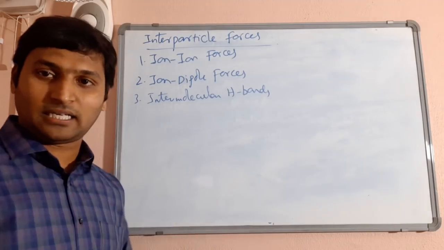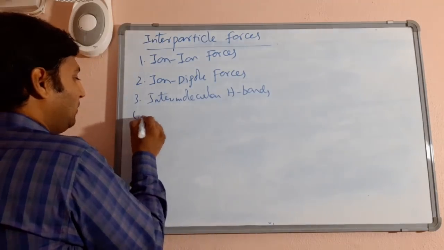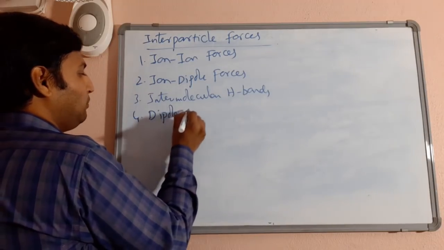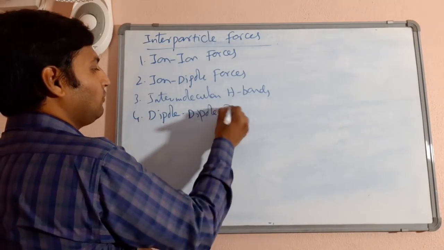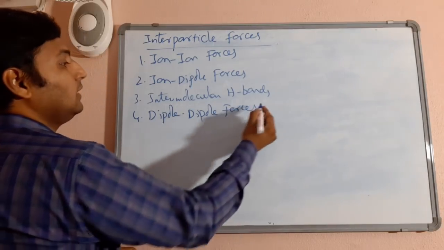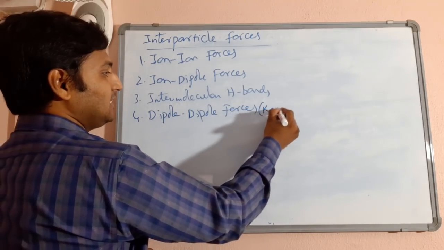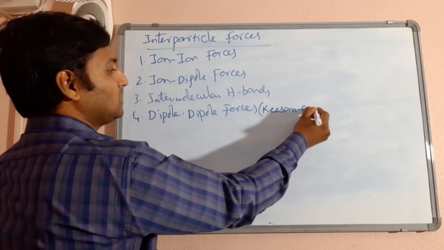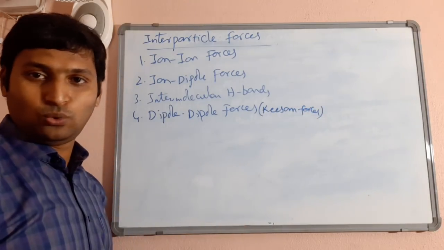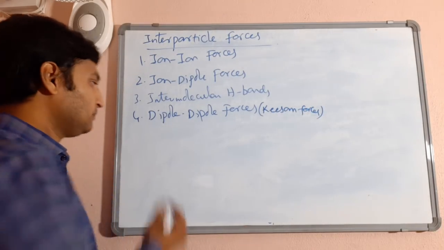Even that holds the particles sometimes. And then number 4, dipole-dipole forces, which is one of the forms of van der Waals forces and is named as Keesom forces based on the scientist who explained them.